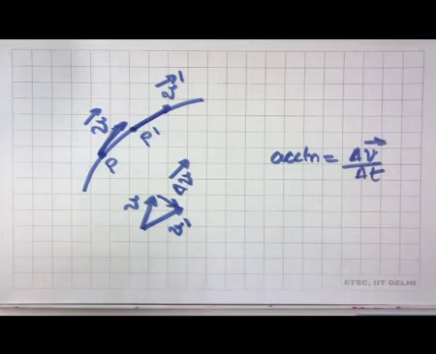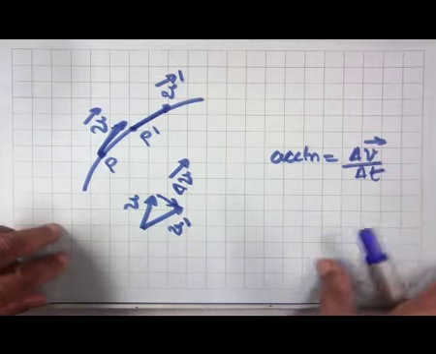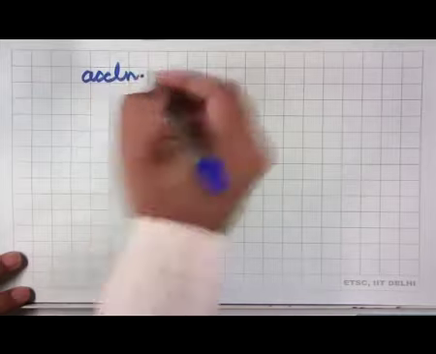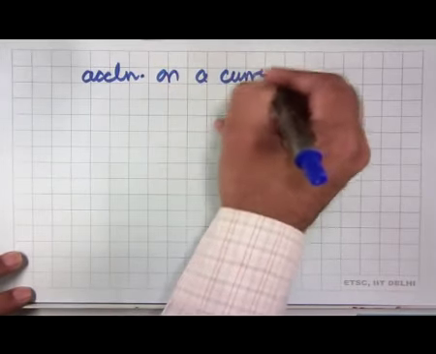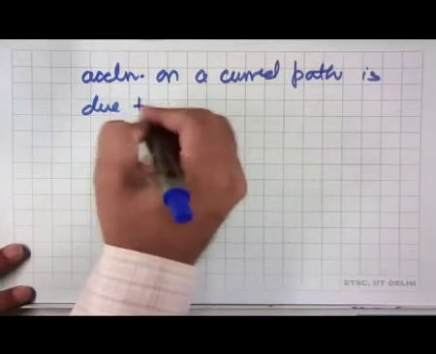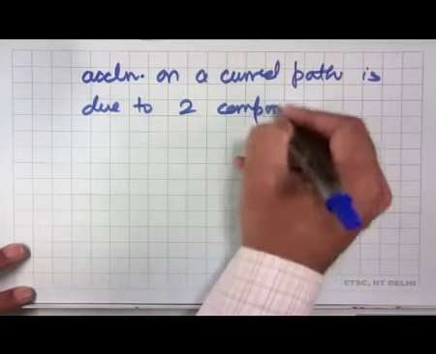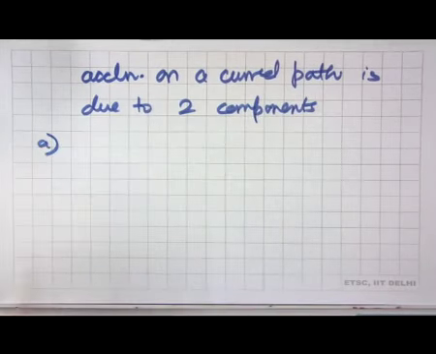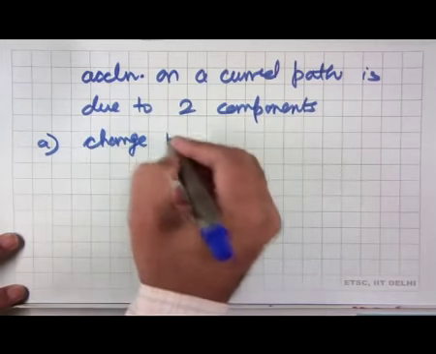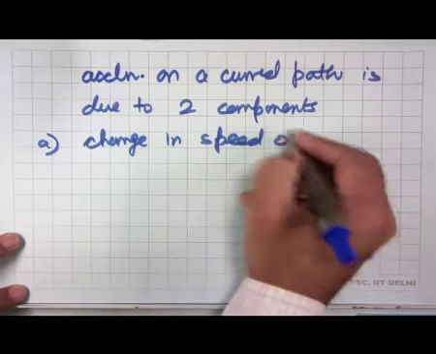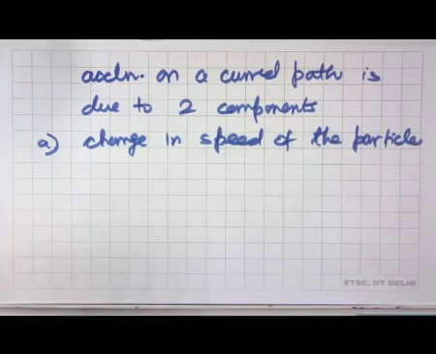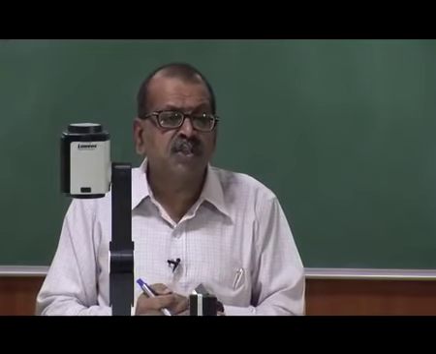And so what we see is that acceleration on a curved path is due to two components. The first component comes because of a change in speed of the particle, and this is the component which also comes when a particle is moving along a straight line.